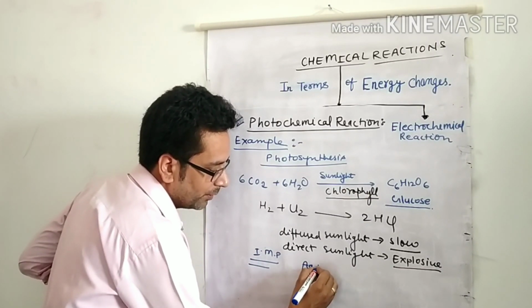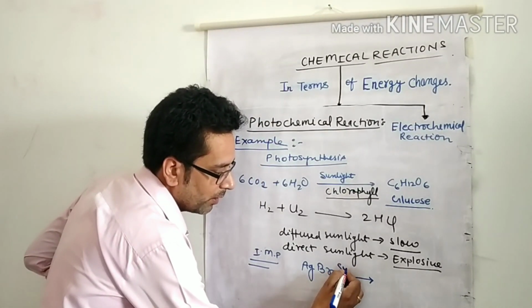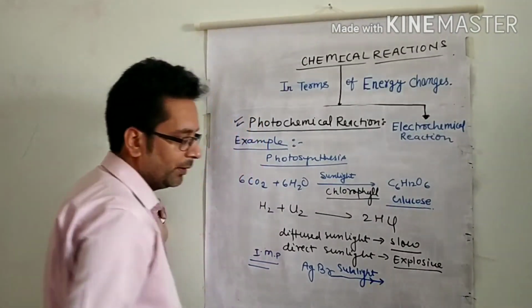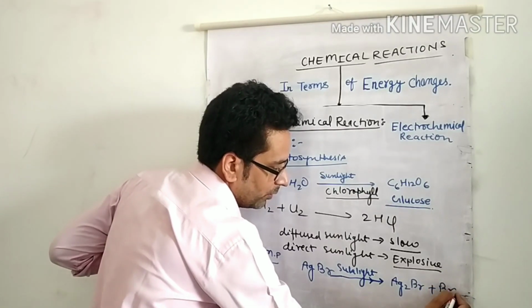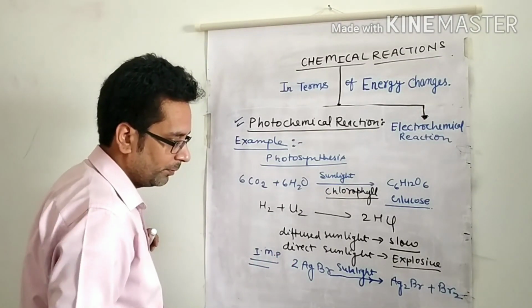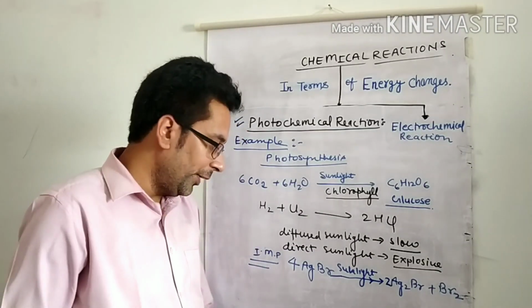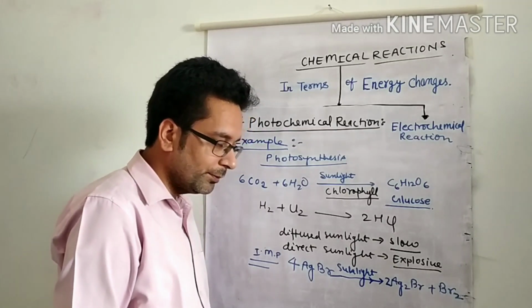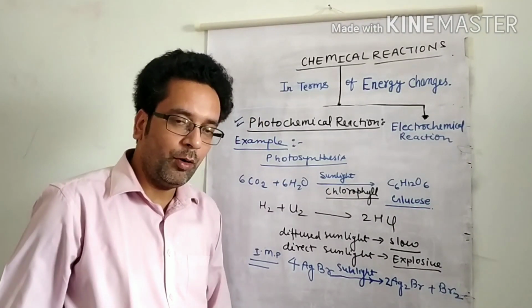When silver bromide comes in contact with sunlight, it changes into silver and forms bromine.